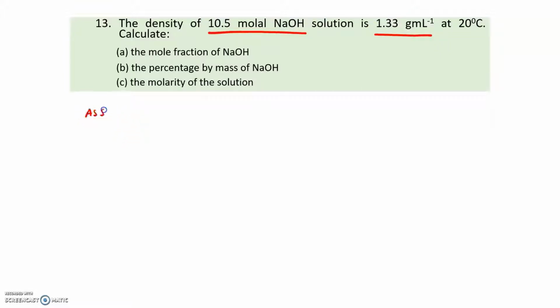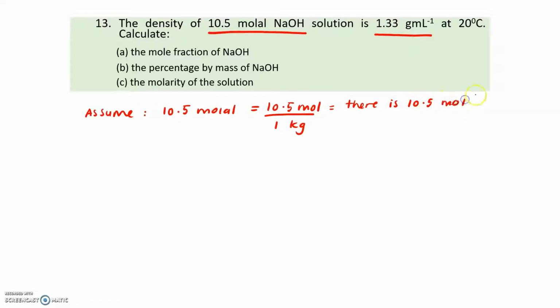So we can assume that 10.5 molar means 10.5 mole solute per 1 kg solvent. So there is 10.5 mole sodium hydroxide in 1 kg solvent.